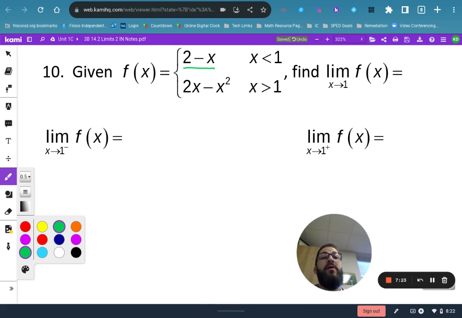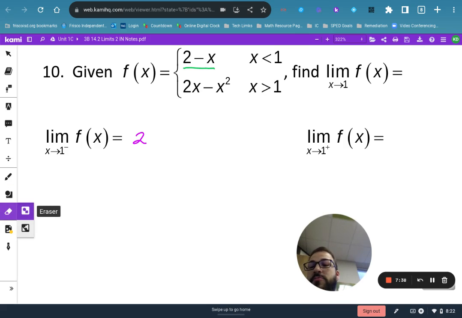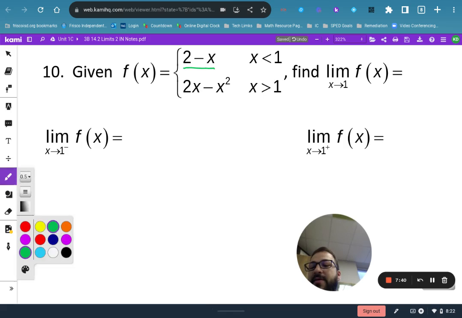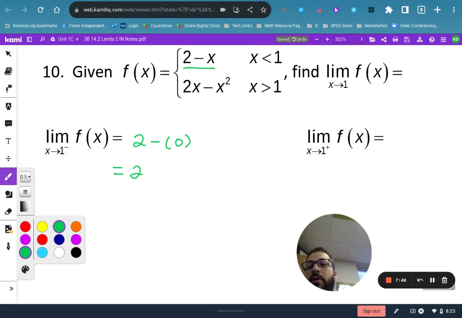That means it's for my values of x that are to the left of 1. So if I'm approaching from the left, that's the function I'm going to use. I'm going to plug in 0 first. Plugging in 0, I would get 2 minus 0, which would be equal to 2.